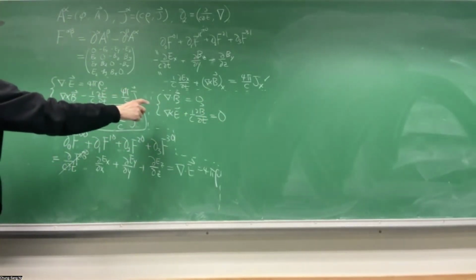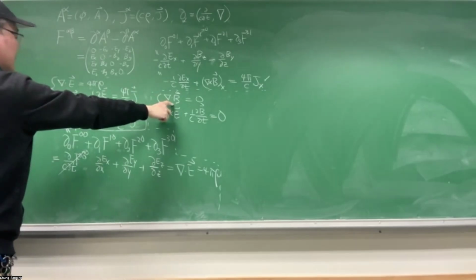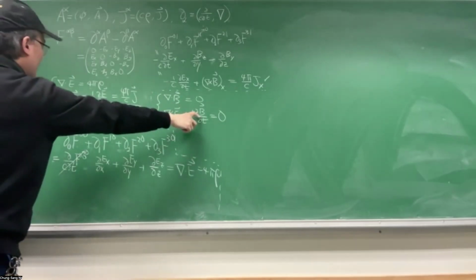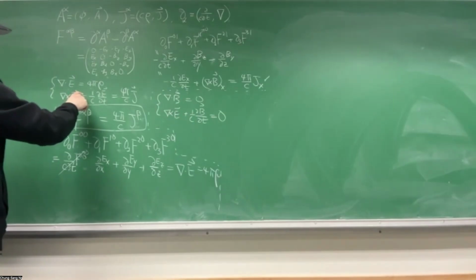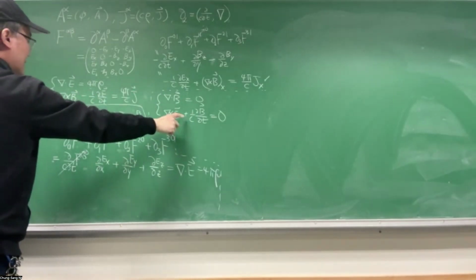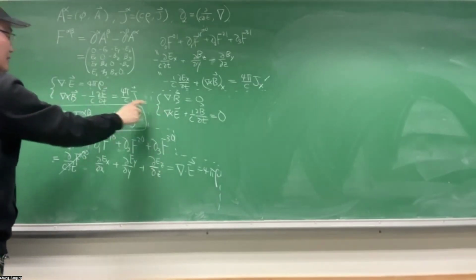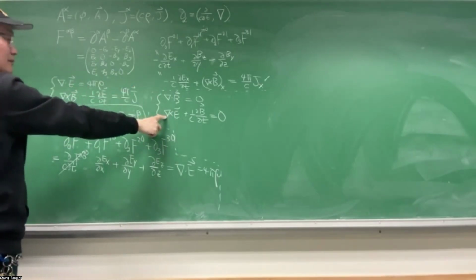The other similarity is that if you change E to B in this set of equations, then you get this equation. But if you change E to B, you're missing this sign, because this is minus, this is plus. So when you change B to E, then you need to introduce a negative sign. So basically you need E change to B, B change to negative E. Then you can get this to this one.